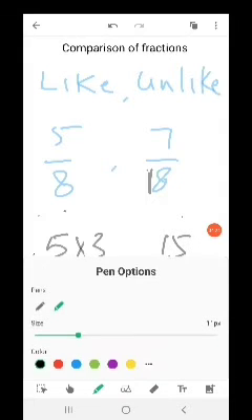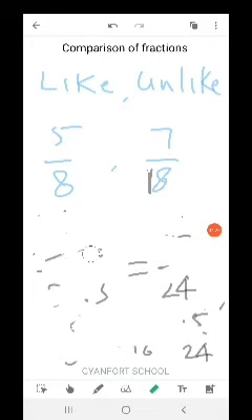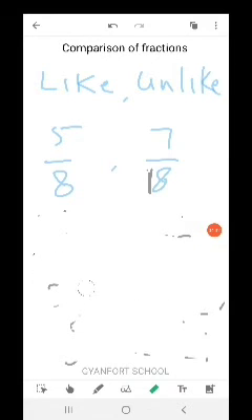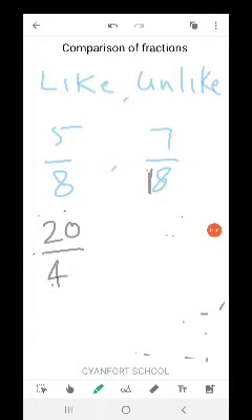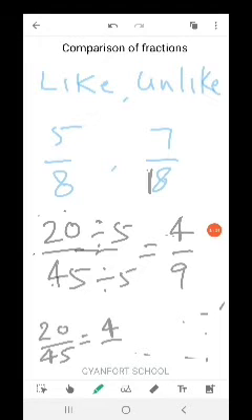Let's say a fraction using bigger numbers is given to you. Let's say the number is 20 out of 45. If we divide the numerator by 5, then divide the denominator by 5 also, so what we get is 4/9. So 20/45 is equal to 4 by 9.